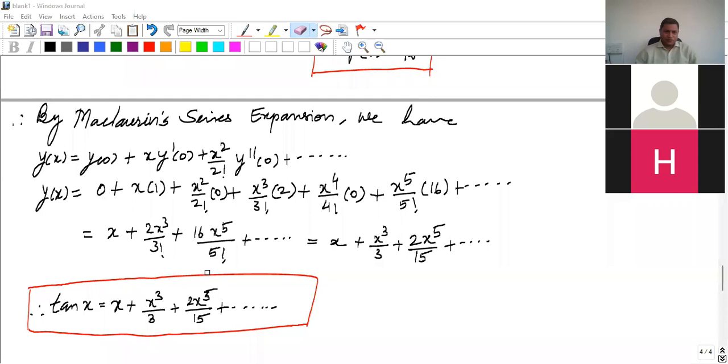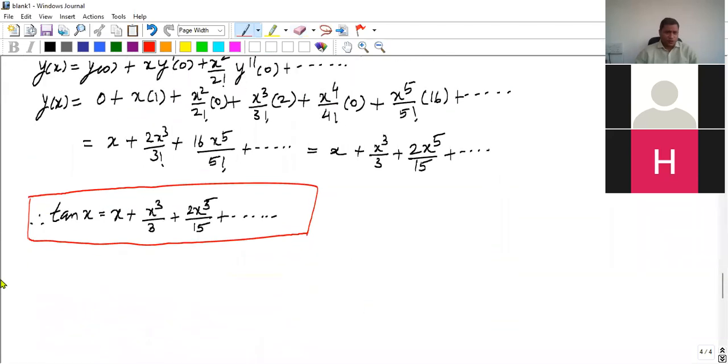Then we have the answer: the Taylor series. So we need to consider the Taylor series. Now, what is the difference between the Taylor series and Maclaurin series? We have solved for the Maclaurin series, so I hope you will be able to solve more problems based on this.